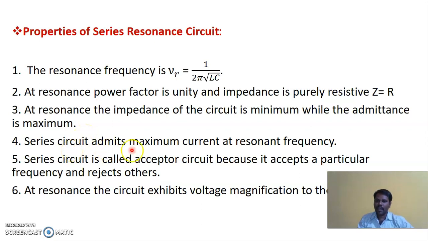Series circuit admits maximum current at resonant frequency. Series circuit is called an acceptor circuit because it accepts a particular frequency and rejects others. At resonance, the circuit exhibits voltage magnification equal to the quality factor.